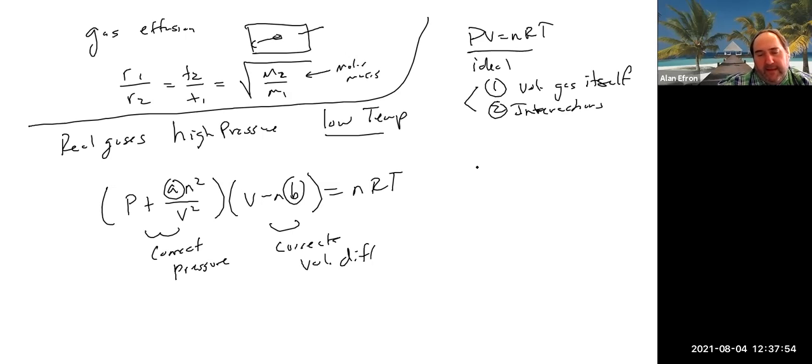Now, we talked about A and B, and those are van der Waals constants. And you do look them up based on the actual substance or gas molecule, and they have different values for different gas molecules. So as we talked about, under real gas situations, it's a very specific equation because A and B vary depending on the actual gas that you're dealing with.